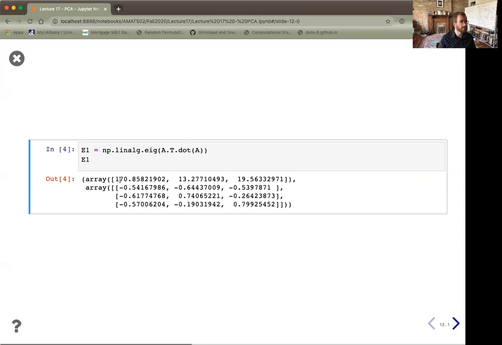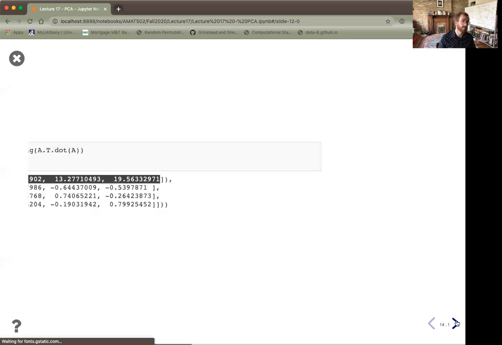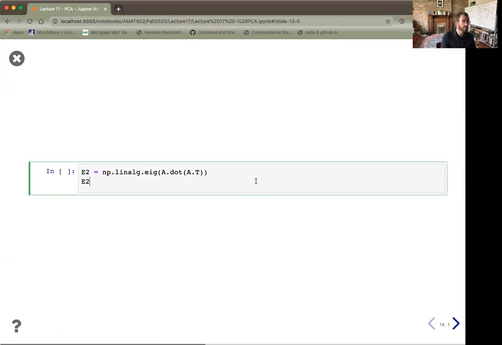All right, so remember that we have 170.8, 13.2, and 19. So if our prediction is correct, when I apply this method to A times A transpose, I should have these 3 eigenvalues also in that list, but it's going to be among 200 eigenvalues. So let's go ahead and do that.